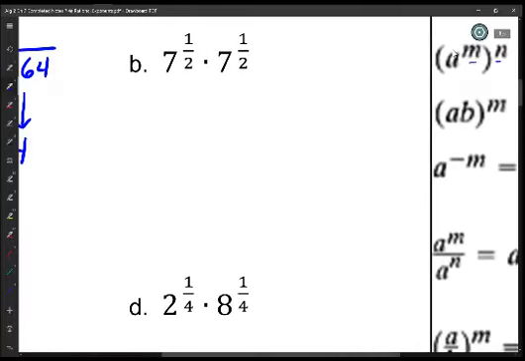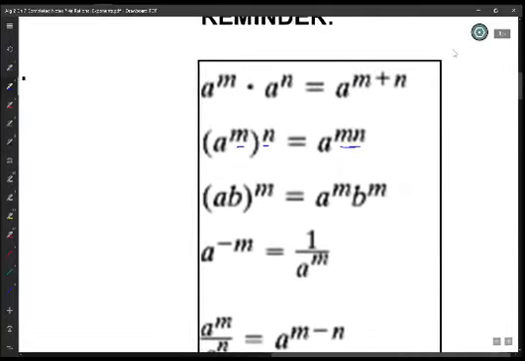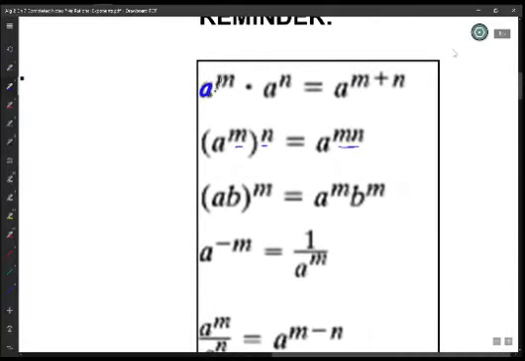Let's look at our second one. We have 7 to the 1/2 times 7 to the 1/2. Well, this involves the very simple idea of a to the m times a to the n, and we add the exponents in this case. I hope this little chart over here is a good summary chart.